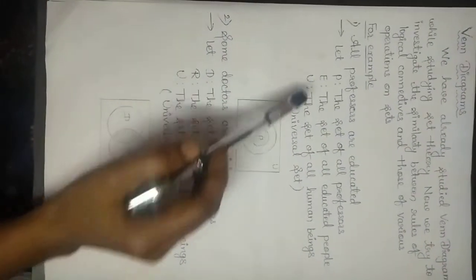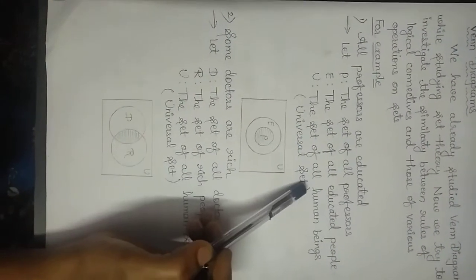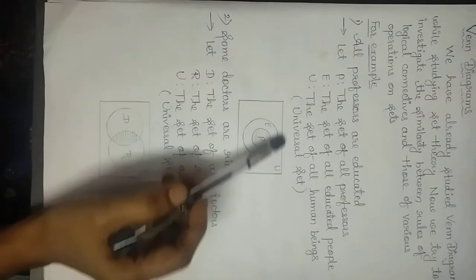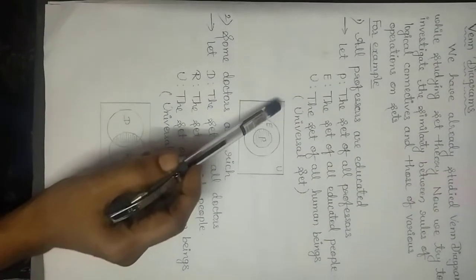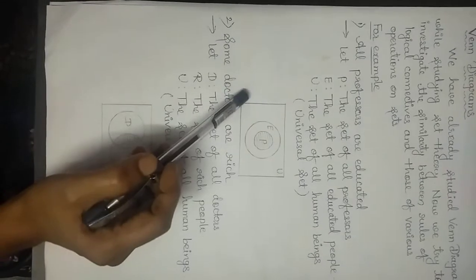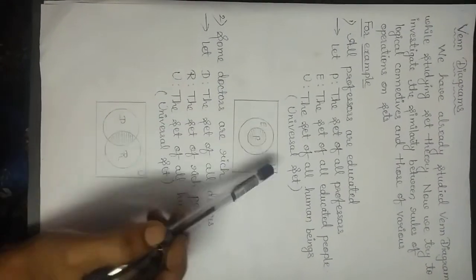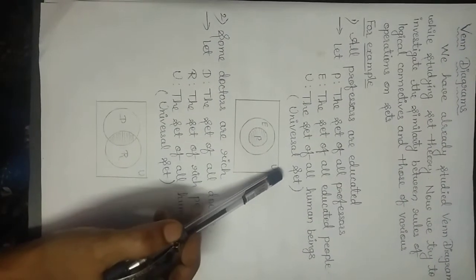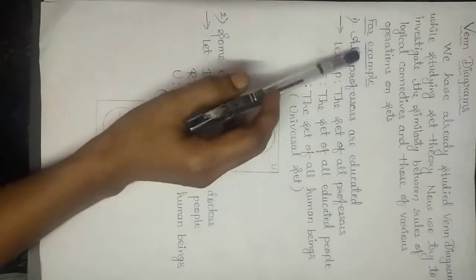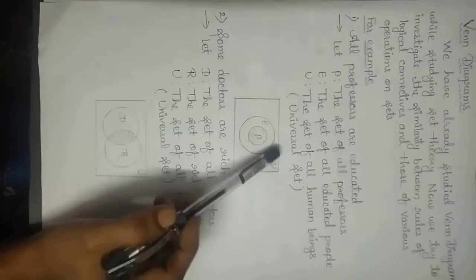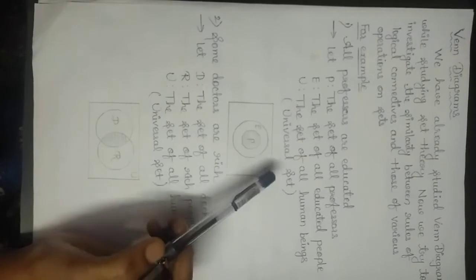U is nothing but our universal set. Now when you will draw the Venn diagram, first draw a rectangular box. That rectangular box is nothing but your universal set. And whenever all is given, you will draw two circles, one inside the another.